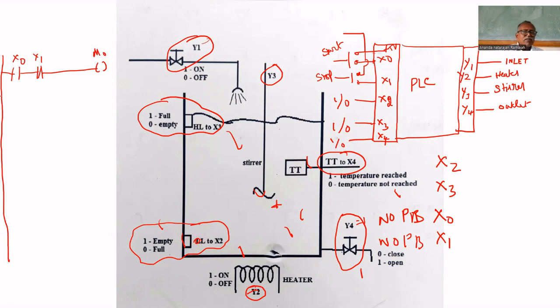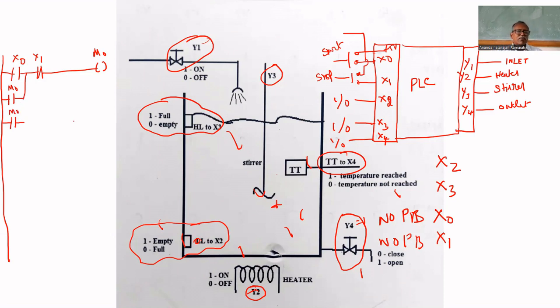We'll use M0 everywhere. To stop all rungs, it is better to use one variable to turn off all rungs, so that we can use M0 in every rung. So an M0 sealing contact is required. That is marked here, so M0 is in the third rung.